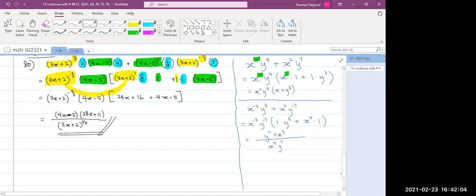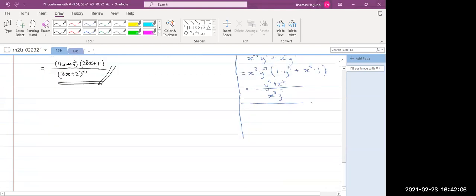The same situation, but now I change that to fractional exponents. Let's say x to the power of 2/3 y to the 5/4 minus x to the 5/3 times y to the 1/4.